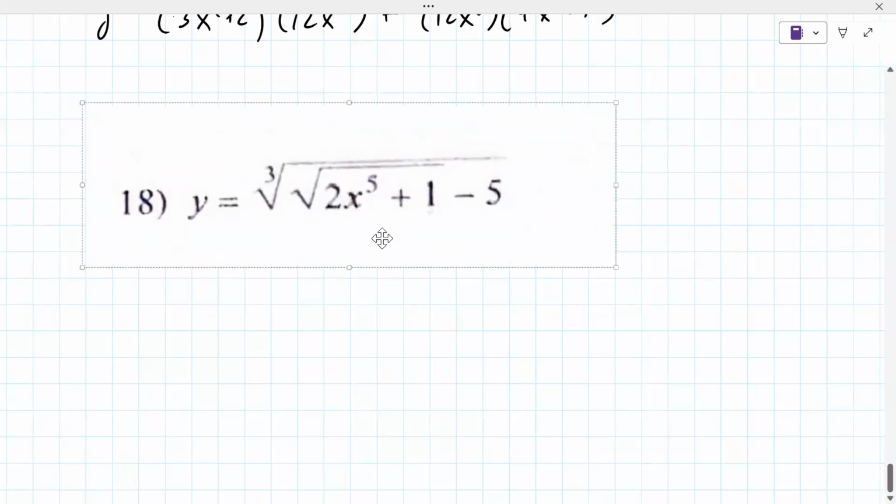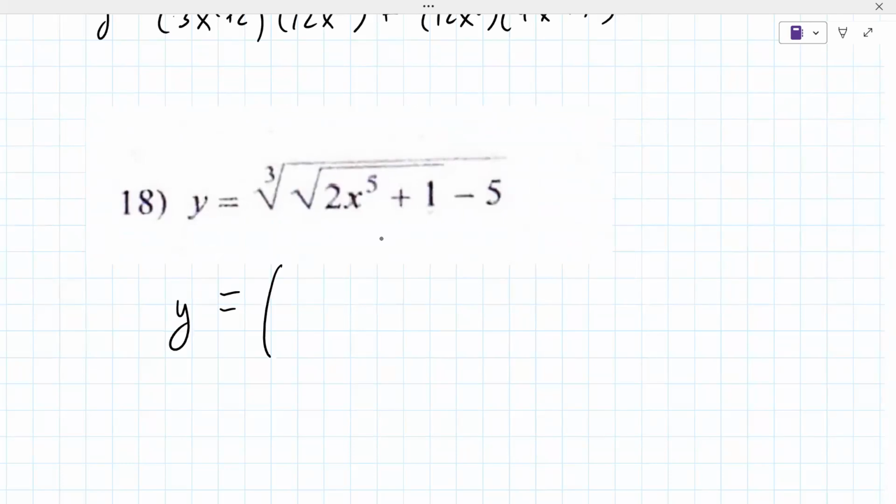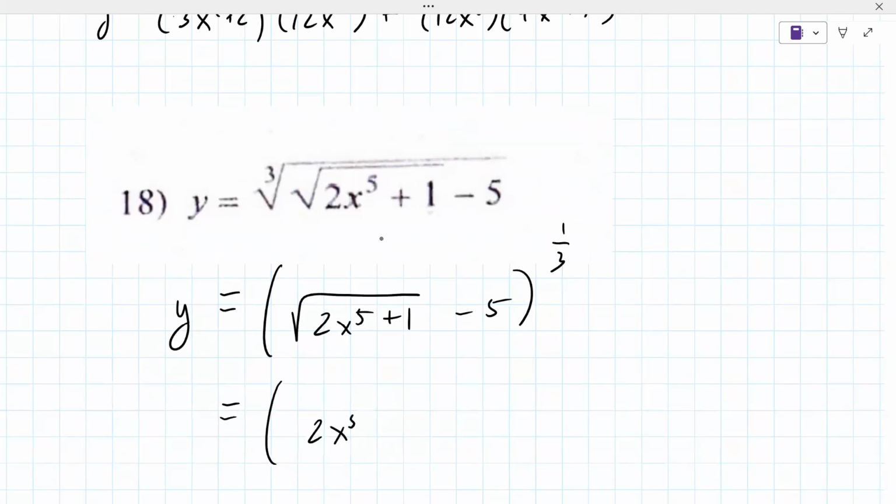Okay. This requires a little bit of rewrite. It's really the square root of 2x to the fifth plus 1, minus 5, to the 1/3 power. And then you might even further rewrite it as 2x to the fifth plus 1, to the 1/2 power, minus 5, to the 1/3.